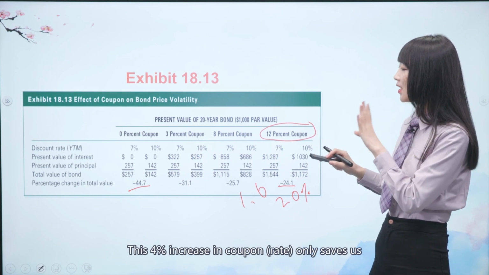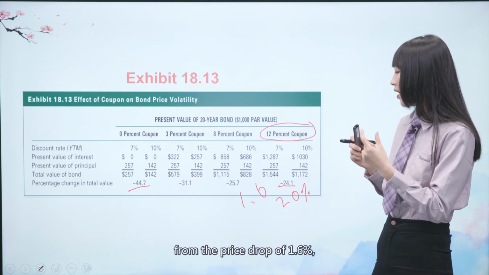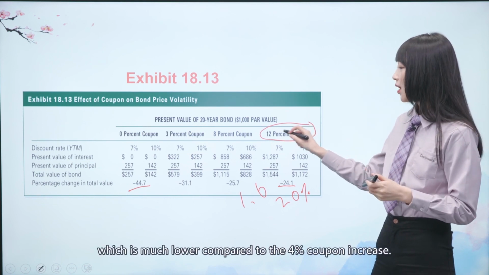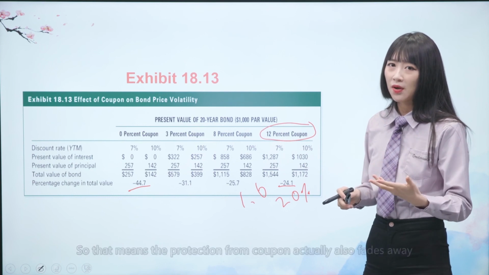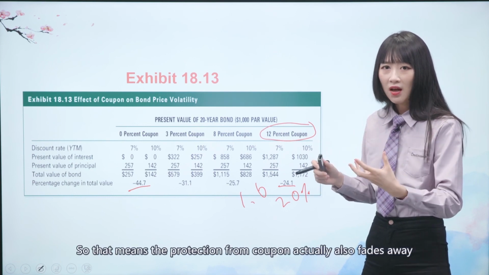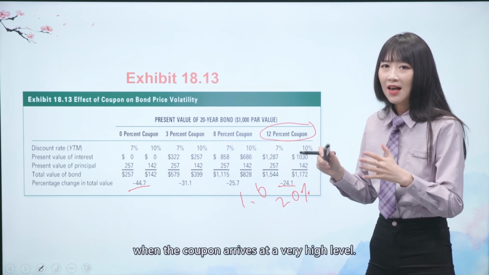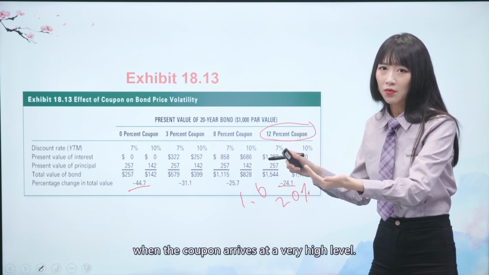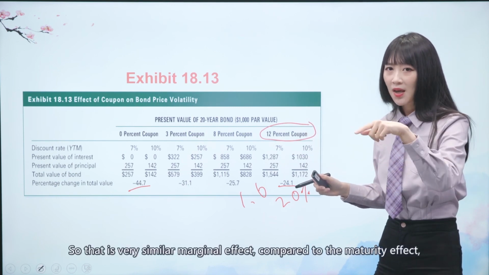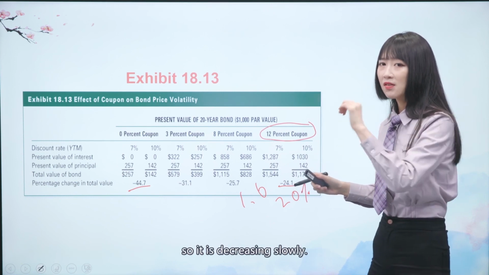This 4% increase in coupon only saves us from a price drop of 1.6%, which is much lower compared to the 4% coupon increase. So that means the protection from coupon also fades away when the coupon arrives at a very high level. So that is a very similar marginal effect compared to the maturity effect. So it is decreasing slowly.